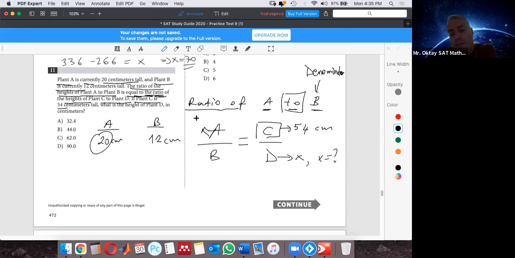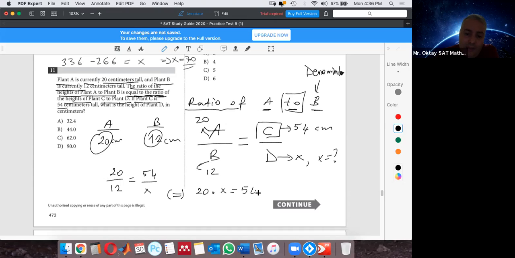I put it here. What is B? 12. Put it here. So 20 over 12 is equal to 54 over X. How can we find this? Cross product: 20 times X is 54 times 12. So X is equal to 54 times 12 divided by 20. You can use the calculator, or let me do it directly. I can do this, I think.